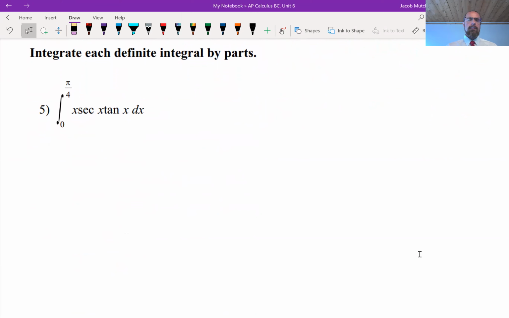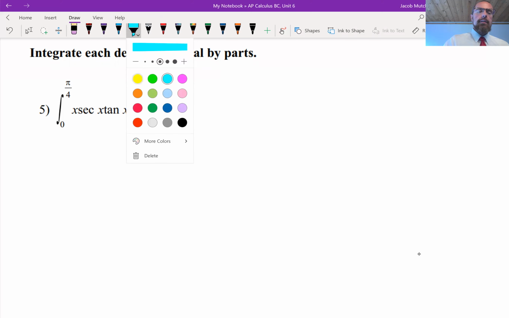secant x tangent of x. So this is the integration from 0 to pi over 4 of x secant x tangent of x dx. So again, what I want to do is decide which parts I'm going to assign as u, which parts I'm going to assign as dv. And I'm going to choose the part for dv first that I can easily find an antiderivative for.